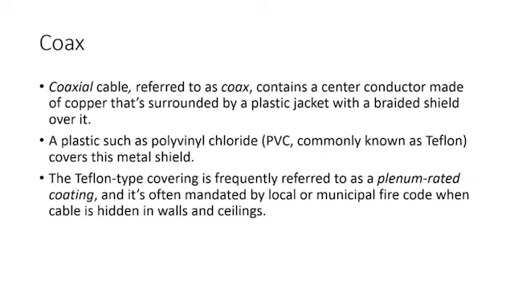Now the first one, let's talk about coax or coaxial cable. This contains a center conductor made of copper that's surrounded by a plastic jacket with a braided shield over it. And you've probably seen these. This coax cable has been around for many, many years.